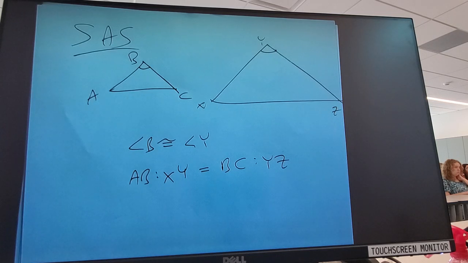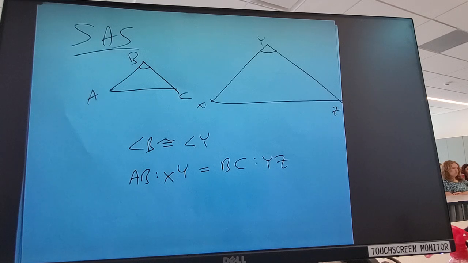Now, do you see why this works? If we know that AB is multiplied by the same thing to get XY as BC is multiplied to get YZ, why necessarily would this lead to them being similar? What's the most basic way to tell that two triangles are similar? What's almost a definition of similarity? All the angles have to be equal.